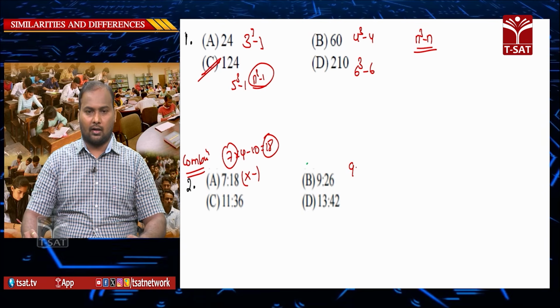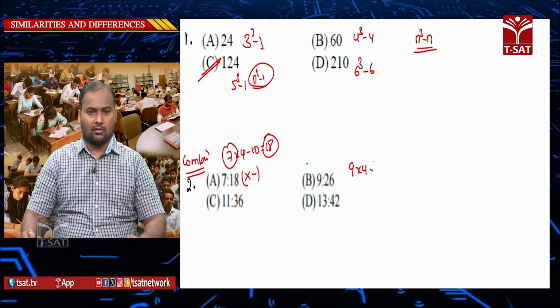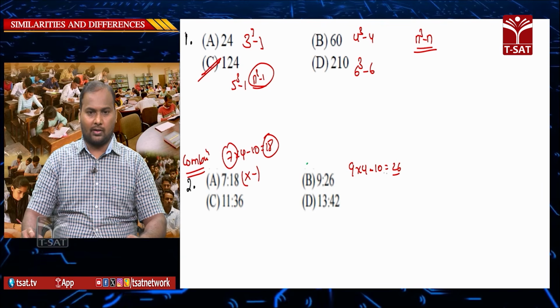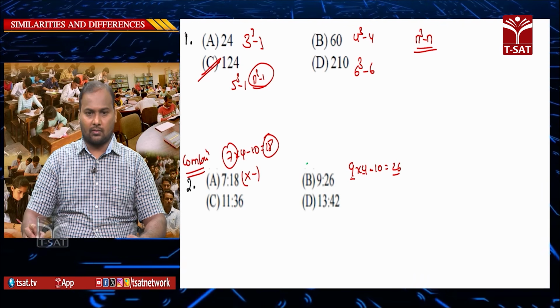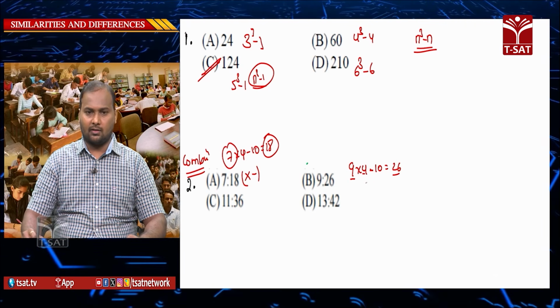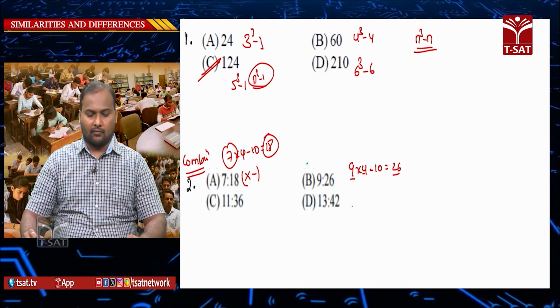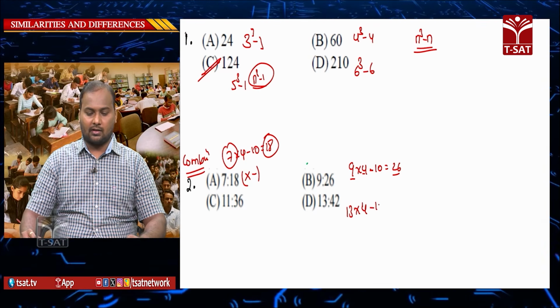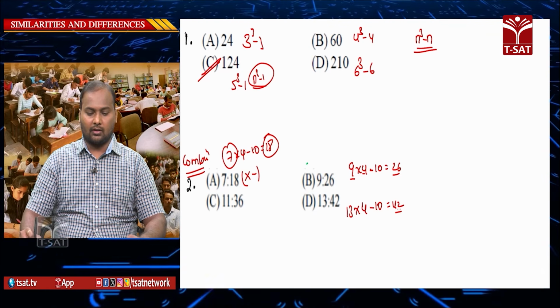I can write 9 4 times 36 minus 10. Then we are going to get 26. Here also the combination is multiplication and subtraction. In the same way, here also 13 4 times minus 10 is equal to 42.